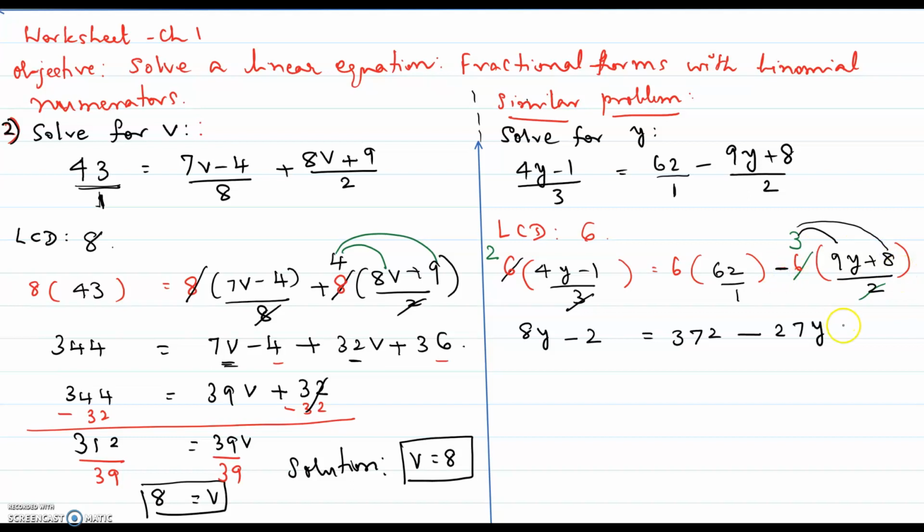Negative 3 times positive 8, that will be negative 24. Thus we get 8y minus 2 equals, now you combine the like terms, 372 minus 24, that will be 348 minus 27y.